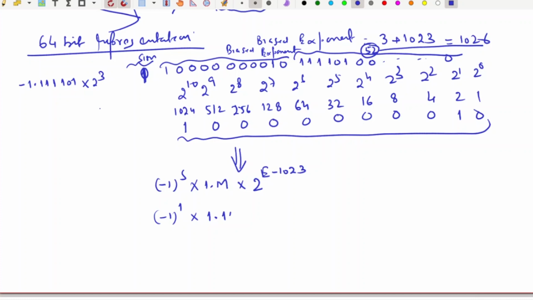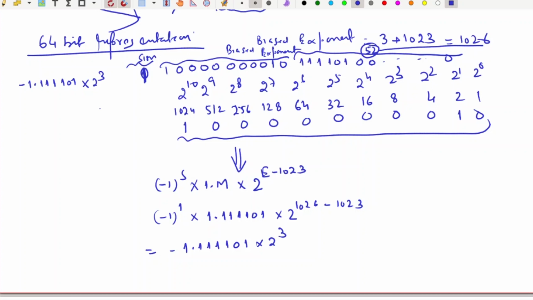So only 6 bits are written, 1, 1, 1, 1, 0, 1, multiplied by 2 to the power e. These 11 bits, when we compute the decimal equivalent, represent 1026, and 1026 minus 1023 gives 3. So it is minus 1.111101 multiplied by 2 to the power 3.